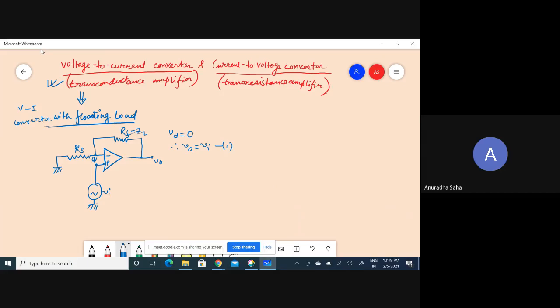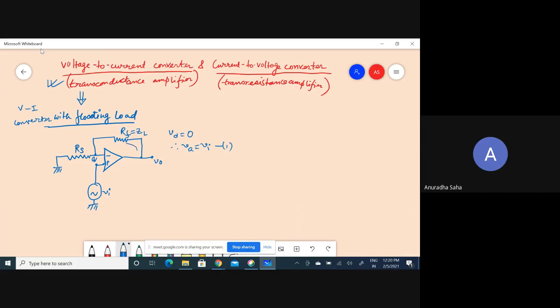So automatically I can tell you that if I make this particular terminal grounded, then this must be at lower potential and the output terminal side must be at the higher potential.